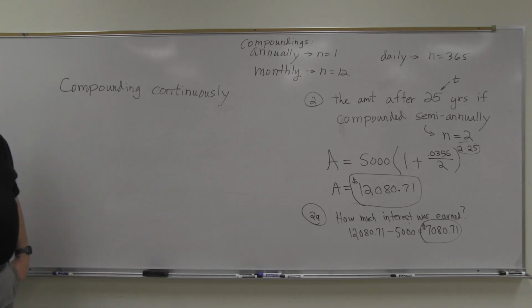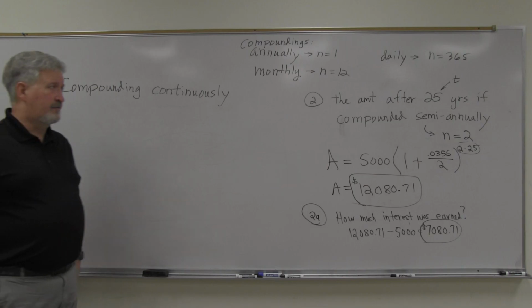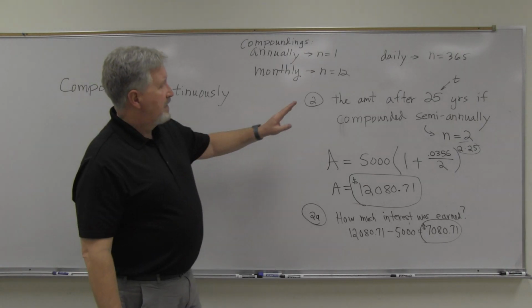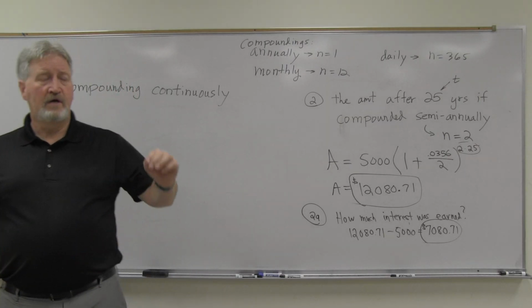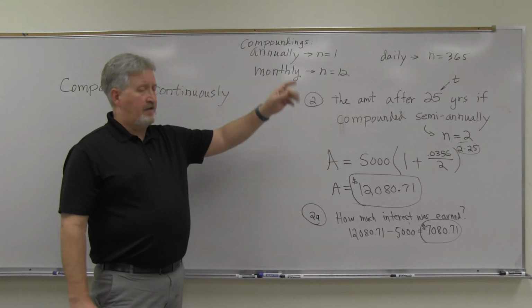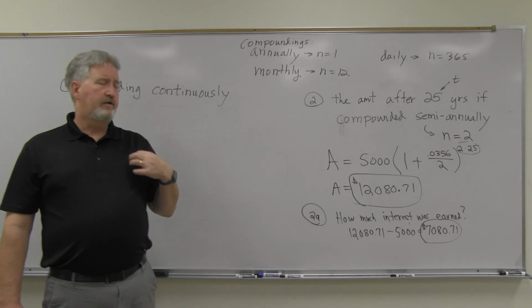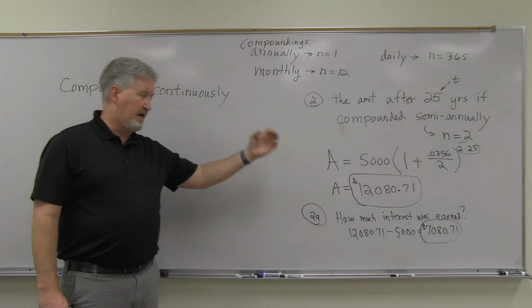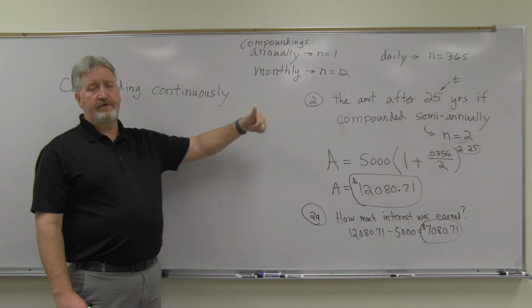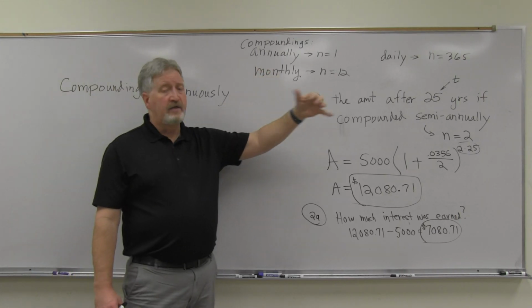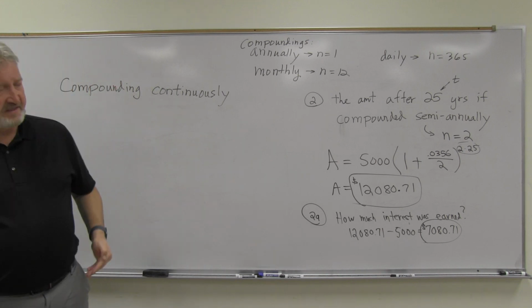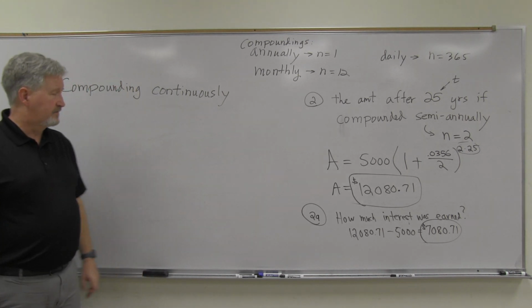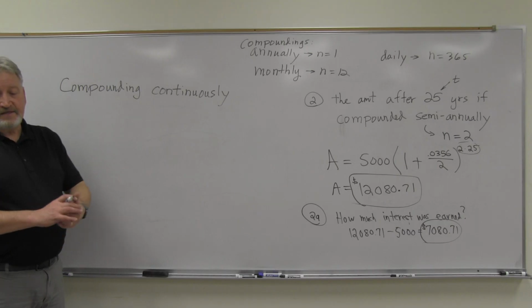We haven't done a problem where we could look at this, but the more compoundings per year, the better. Semi-annually is better than annually. Quarterly would be better than semi-annually. Then monthly would be better than that. And then of course daily would be better than all of them, because the more compounding, the better. We didn't look at a particular problem, we could test that out, but that is the way it works.